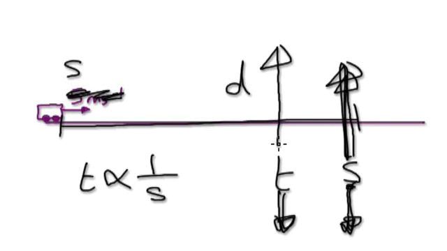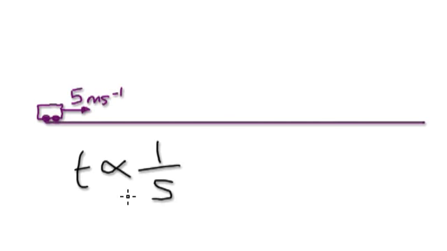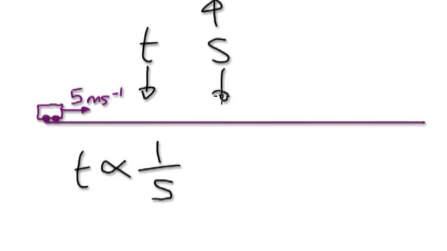As you decrease the speed, you will increase the time needed to cover that distance. So whenever you're told that time is inversely proportional to the speed, inside your mind you've got to visualize something like this: time, speed. If you increase the speed, you decrease the time. If you decrease the time, you will increase the speed.